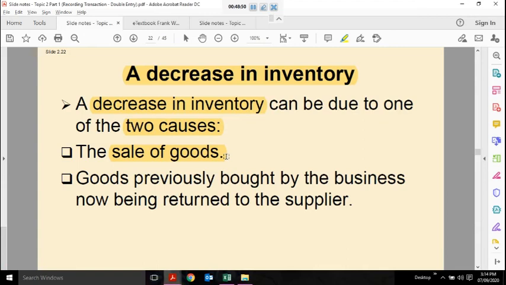Therefore my inventory has decreased. When I sell to them, that's what we call sales, the normal sales. And the second one, the decrease in the inventory because goods previously bought by the business are now being returned to the supplier.